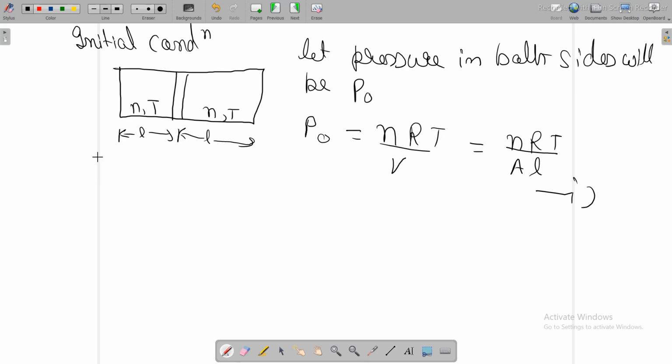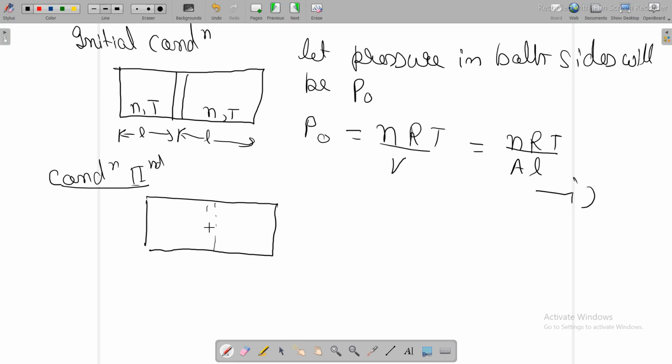Now in the second condition, we supply an amount of heat Q to the right part of the piston. Therefore the gas will expand and the temperature will rise to T2, and the gas will apply a force on the piston which will move a distance, sorry, L by 2.